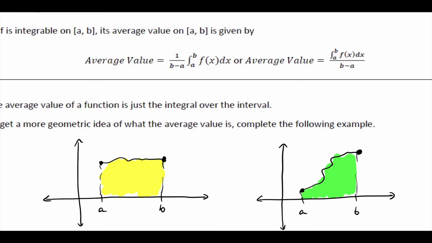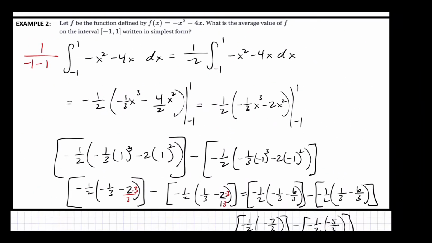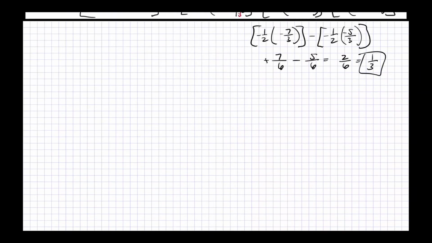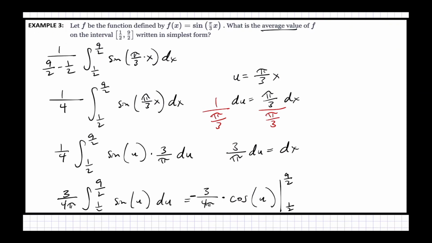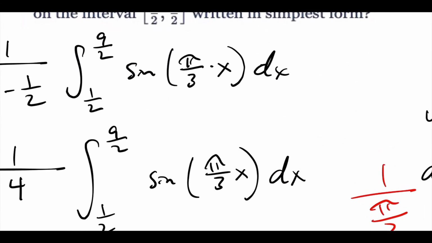We did some of those. We started one problem, but we ran out of time. Originally we had this guy here: the integral from 1/2 to 9/2 of sine of pi over 3 x.